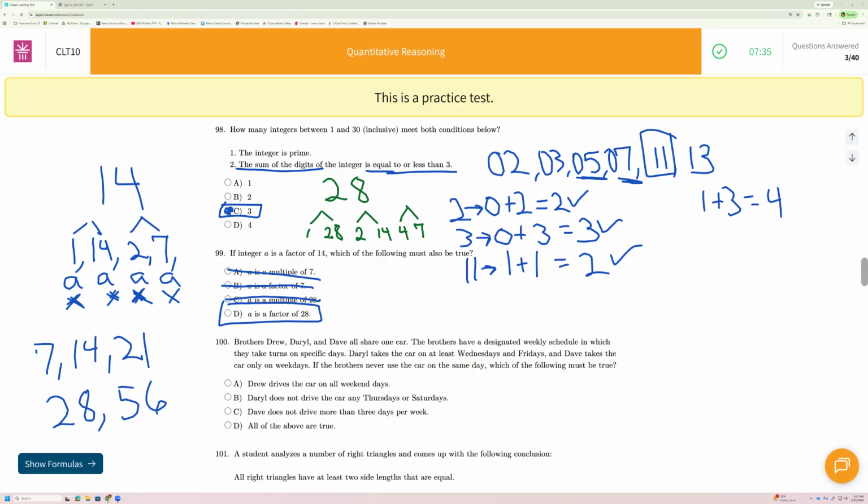And all we have to know is that these numbers here belong also to the factoring tree of 28. And I do see the 1, I see the 2, I see the 14, and I see the 7. So A can be either number, and they all match the factors of 28. So D is your answer.